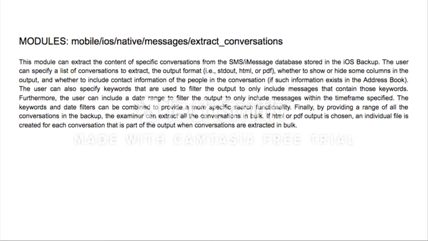So the purpose of the extract conversations module is to be able to choose the messages that are part of each conversation independently, as opposed to having to figure out which message is part of which conversation. Hopefully in the demo this is going to be a little bit clearer.